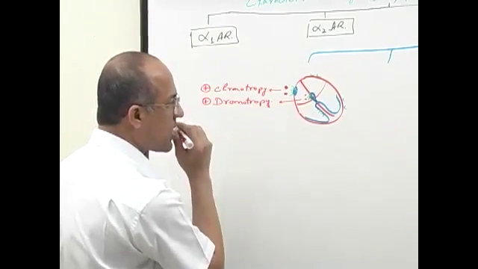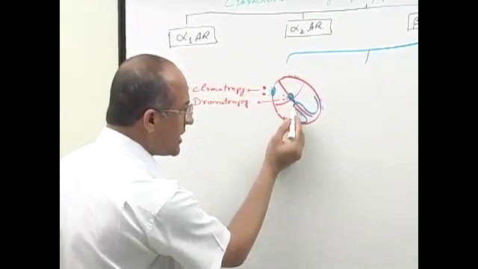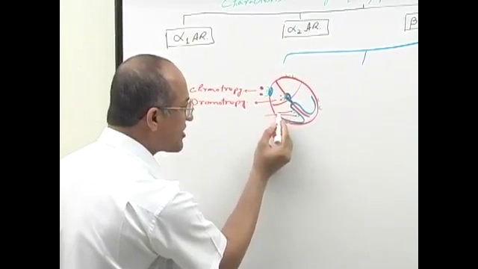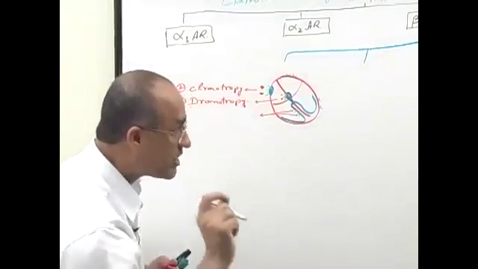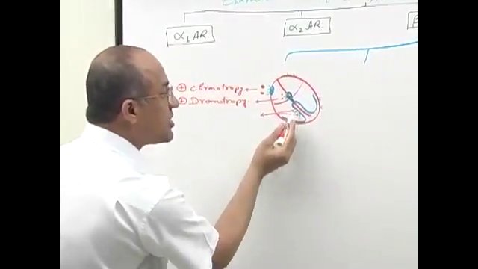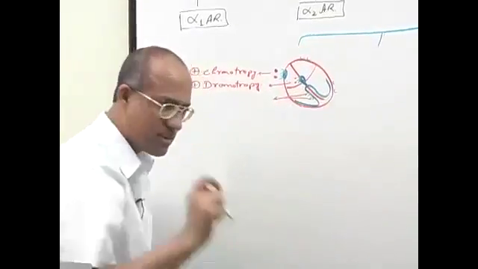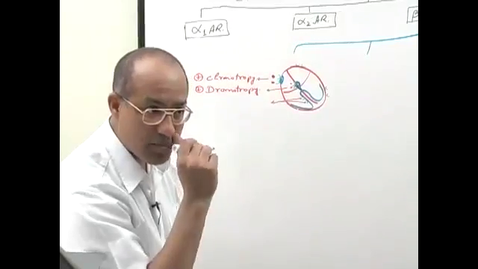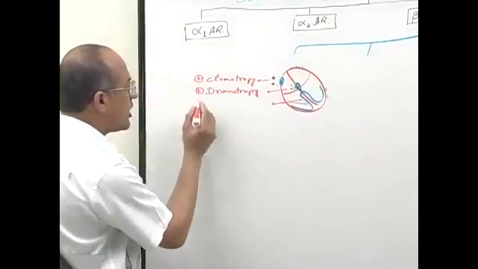And when beta 1 receptors on the specialized conduction system are stimulated, and the electrical excitability of the Purkinje system increases, with more norepinephrine or epinephrine stimulation on beta 1 receptors, what do we call it? Positive?